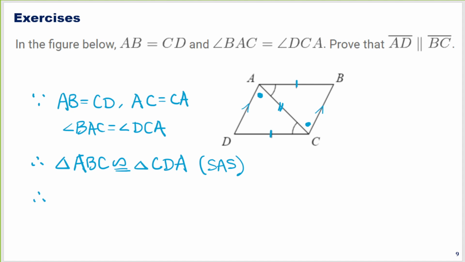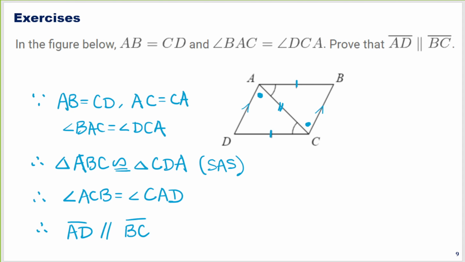The corresponding parts are angle ACB equals angle CAD, right? These two angles are alternate interior angles. Alternate interior angles being equal indicates these two line segments, AD and BC, are parallel, right? Yes?